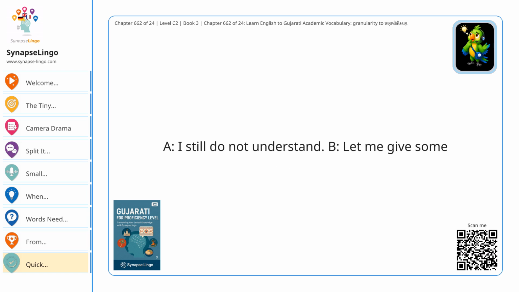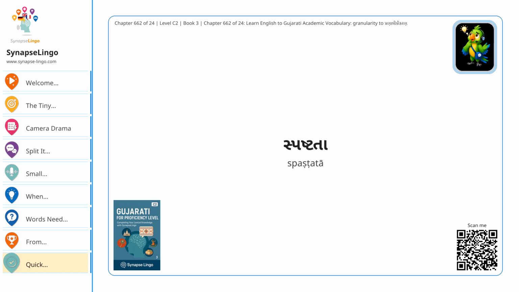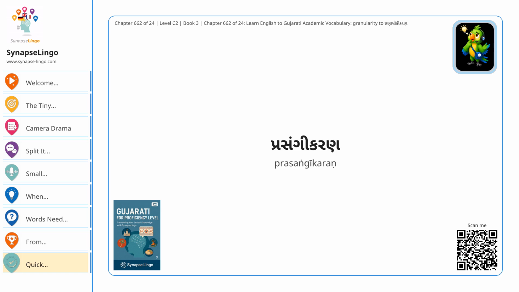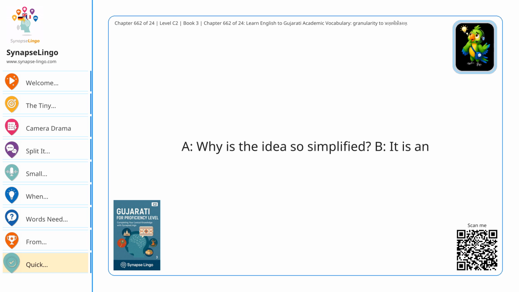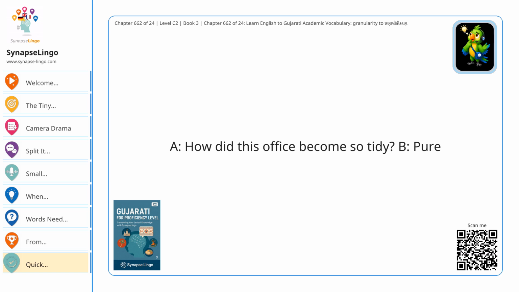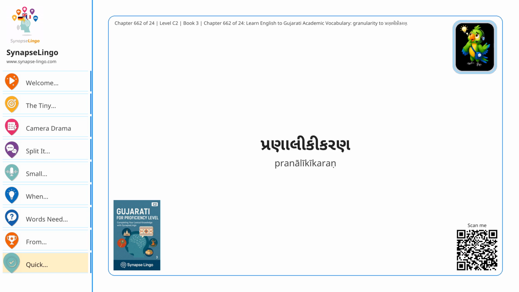A. I still do not understand. B. Let me give some સ્પષ્ટતા. A. Why do we learn words in sentences? B. Because પ્રસંગીકરણ helps. A. Why is the idea so simplified? B. It is in અમૂર્તીકરણ. A. How did this office become so tidy? B. Pure પ્રણાલિકીકરણ.